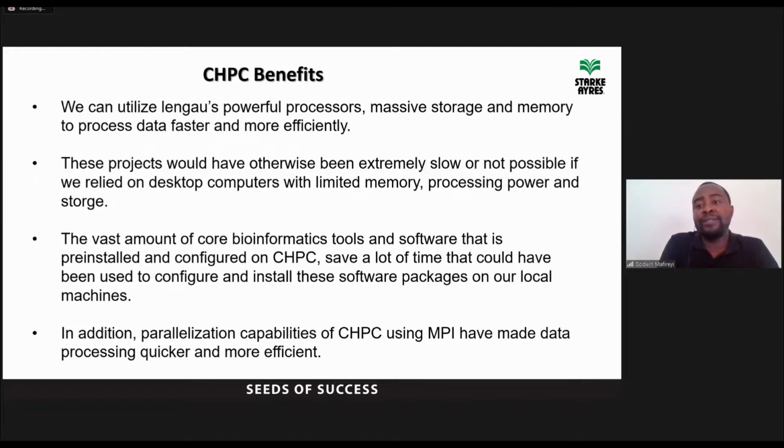As I mentioned, these projects have been extremely slow, or maybe not even possible if we're using just a normal desktop computer. And then the other benefit that we saw from the CHPC is that there are a lot of bioinformatics tools that are pre-installed on the in-house cluster.